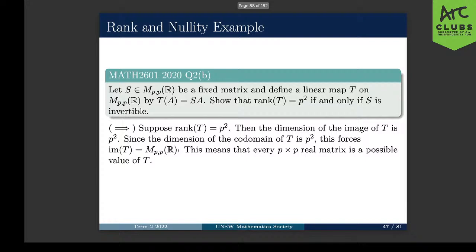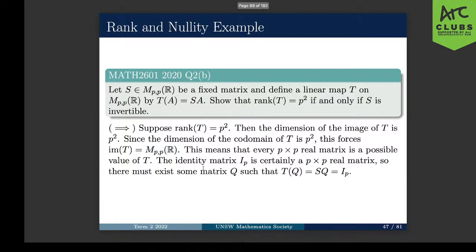And what that implies is that every P by P real matrix is a possible output of T. The set of all outputs is the entire space of P by P matrices. And suddenly I_P, the identity P by P real matrix, is definitely inside the image. So by definition, there should be some matrix Q, some input that we give to T, so that applying T to Q gives us the identity matrix.